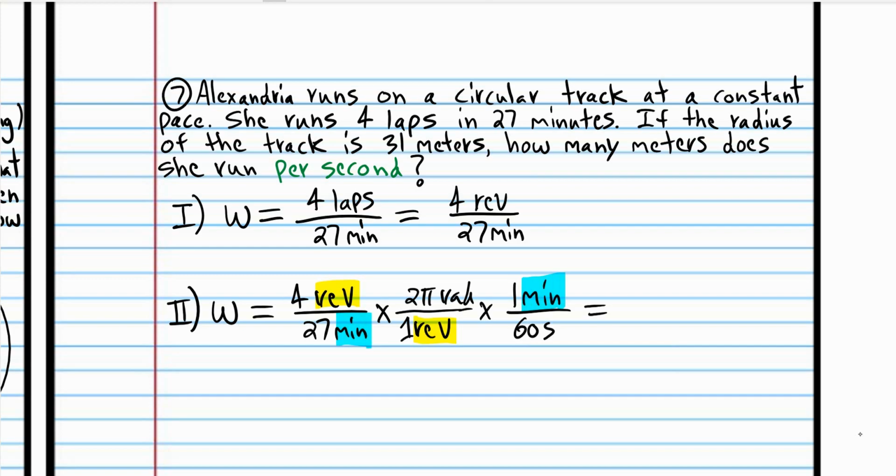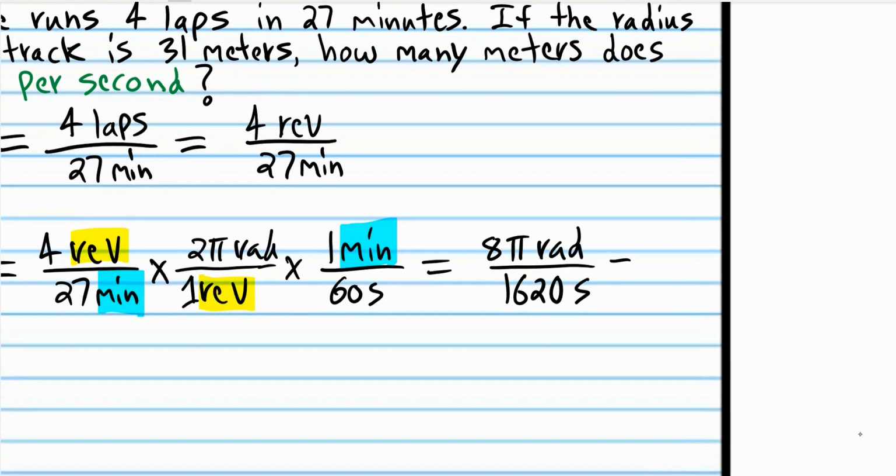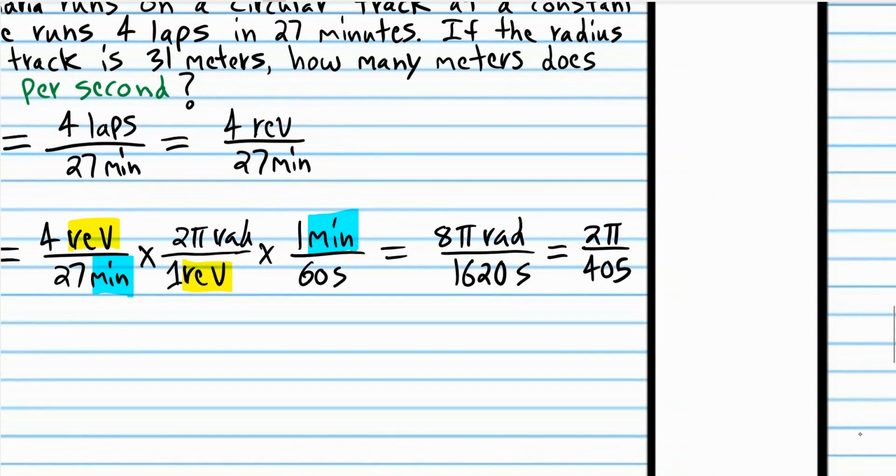So if we multiply straight across, we're left with 8 pi radians over 1,620 seconds. So if we divide both sides of the fraction by 4, we get 2 pi radians over 405, or 2 pi over 405 radians per second.